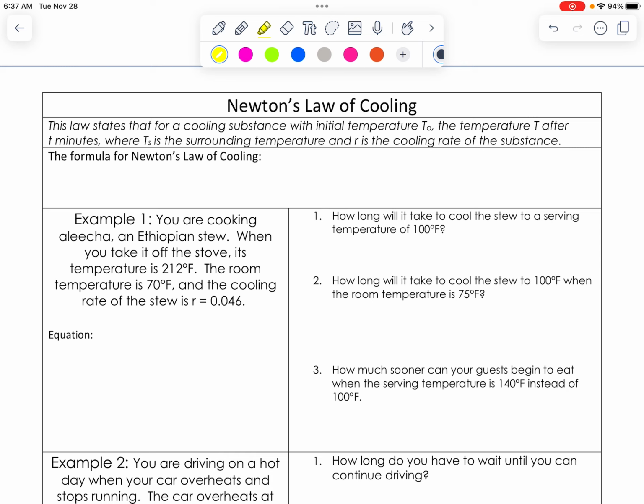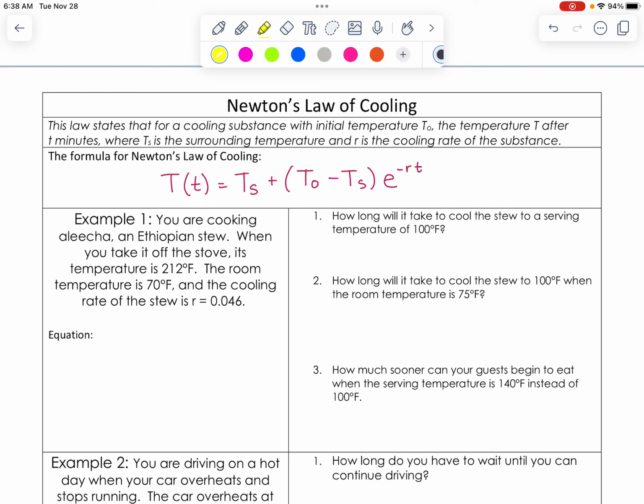So we have all of these variables, and they all go into the equation for Newton's law of cooling, and that equation is capital T of little t equals T sub S plus parentheses T sub 0 minus T sub S times e to the negative rt.